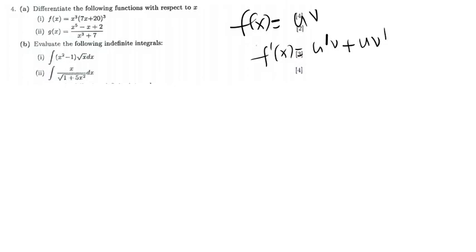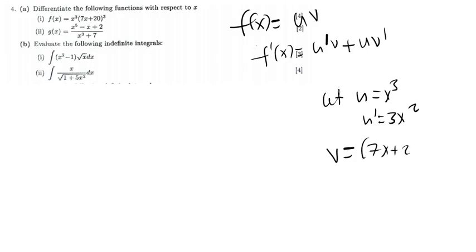So now you have to let u be equal to x to the power 3, meaning your u prime is 3x squared. Then you have to let v be equal to 7x plus 20 to the power 3, meaning your v prime. Now differentiating this, you use chain rule.